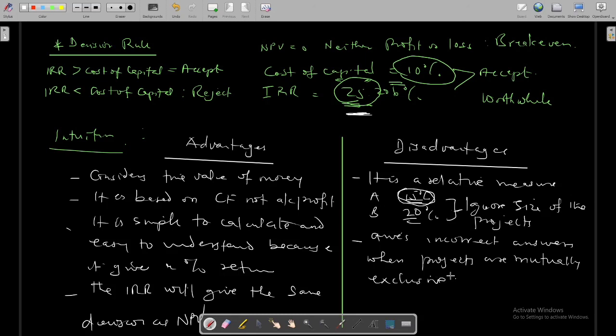So if there are two projects, say project A and project B, and management have to decide between these two projects, the internal rate of return calculated will give a different answer and lead management to make an improper choice.